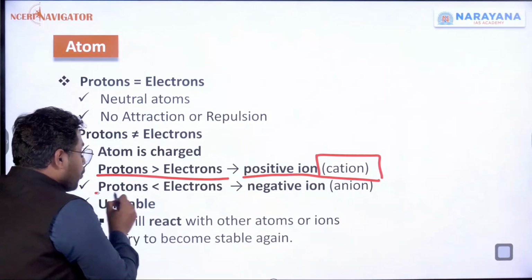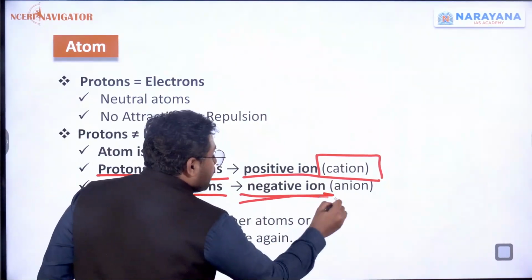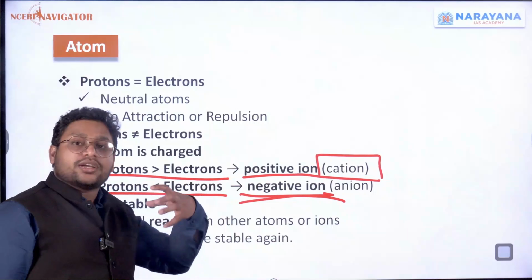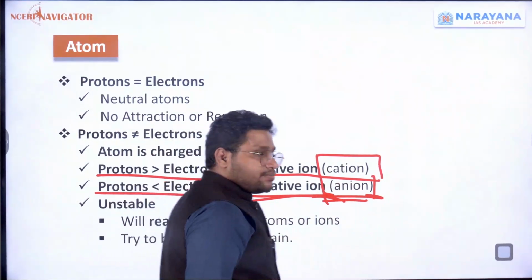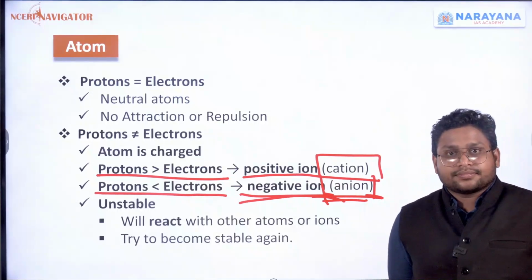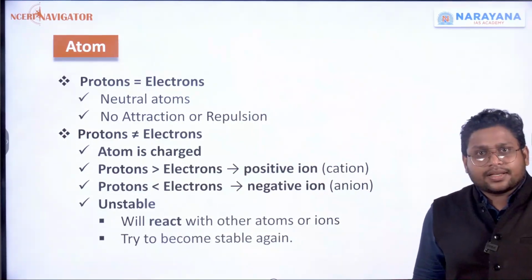In case protons are less and electrons are more, then this atom will have a negative charge. It will be called a negative ion or anion. Clear? This much clear?